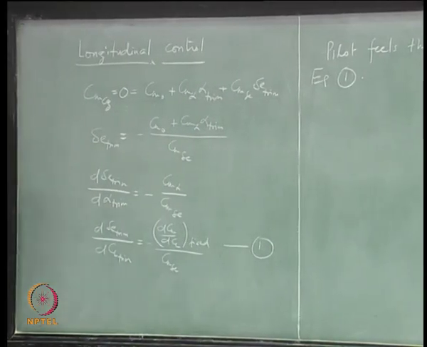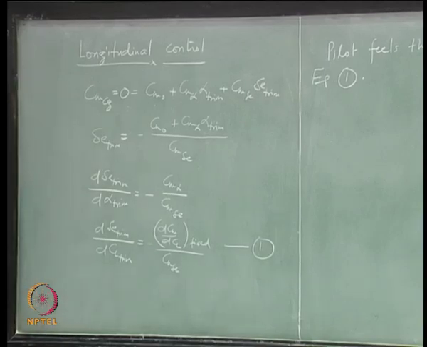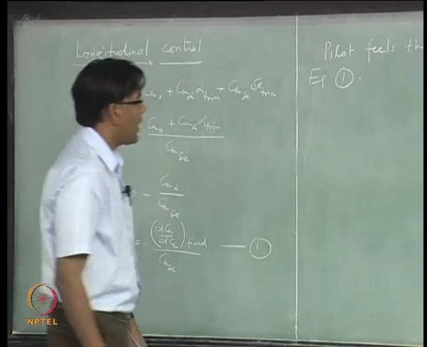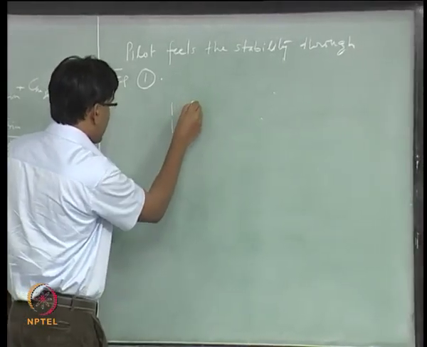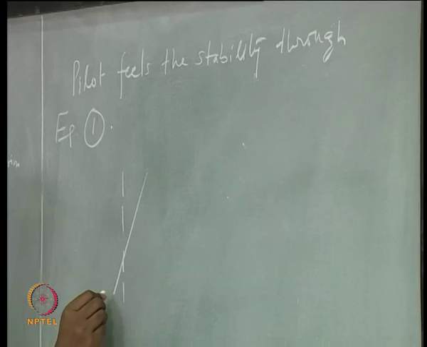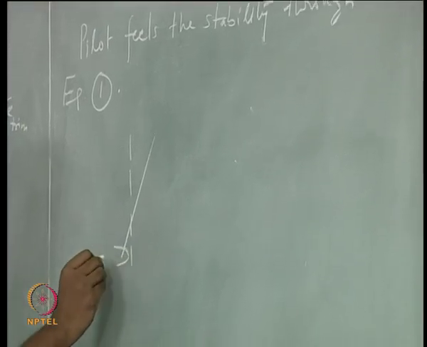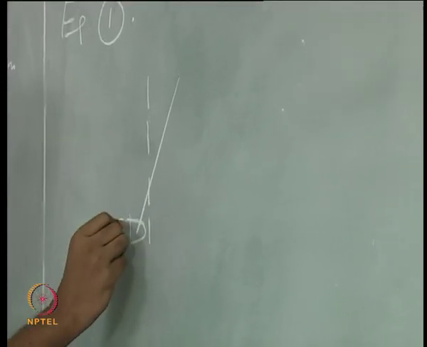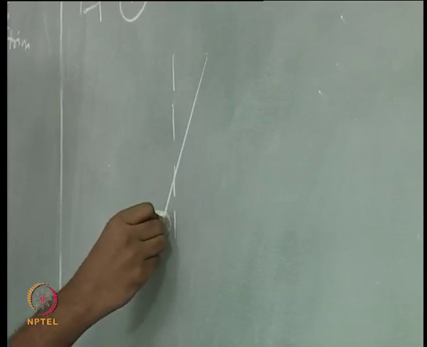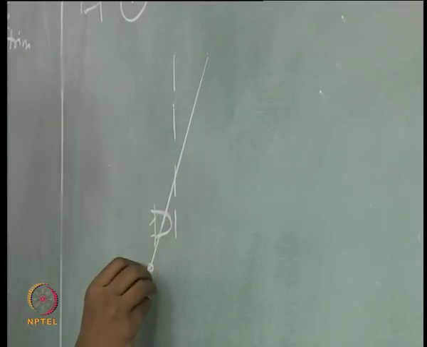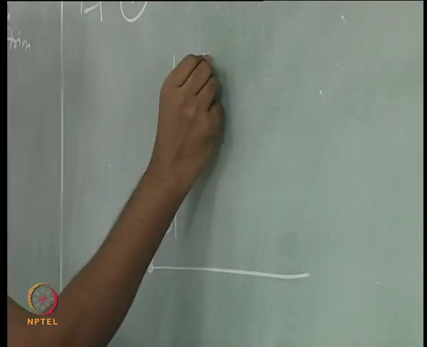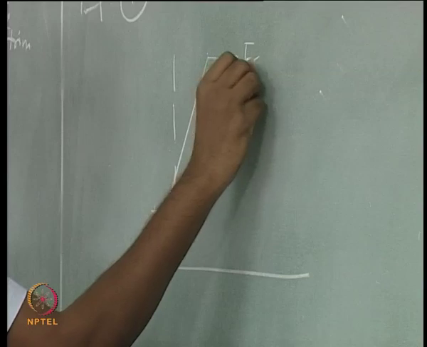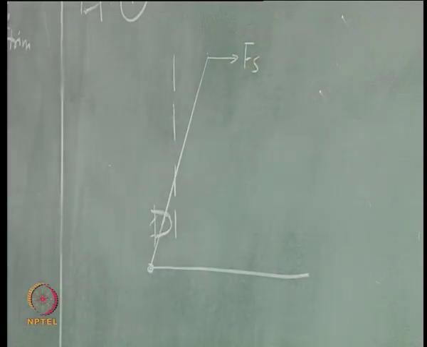So, let us try to look at the mechanism by which you will change the elevator deflection, and this is roughly how it should look like. Fs is the stick force and this is a pull, right.